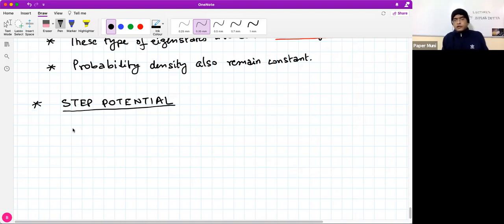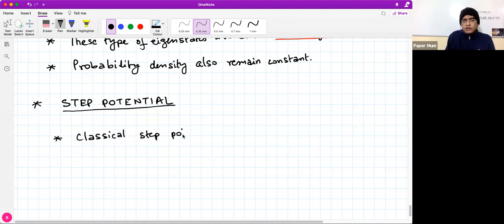Let's see what the step potential looks like, what kind of step potential we have in classical mechanics. Let's talk about that first, and from this we'll also learn some of the terms which we'll be using in the analysis of the quantum mechanical step potential.